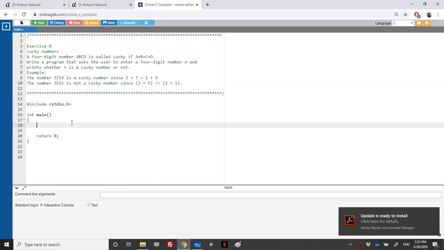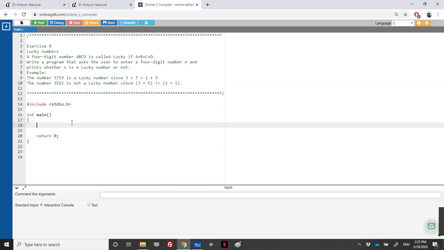So let's first start by asking the user to enter a number. printf enter a 4-digit number. Also on the website you can see some do while stuff, so don't pay a lot of attention to it. It's just to be sure that the number is formed of 4 digits.